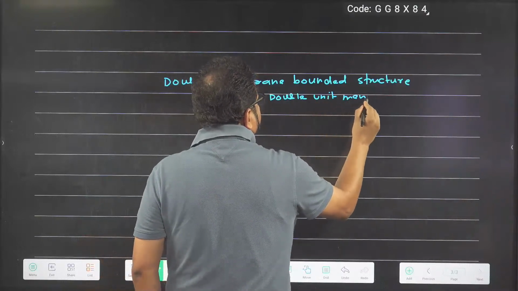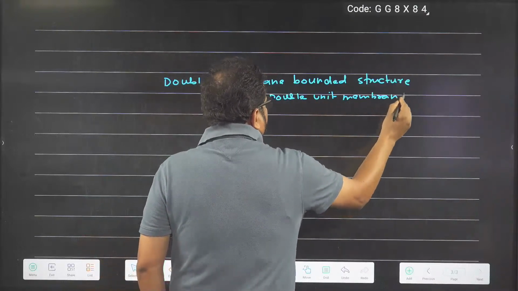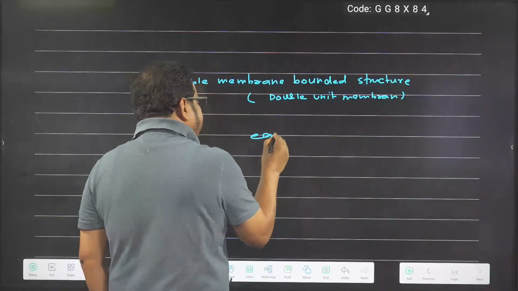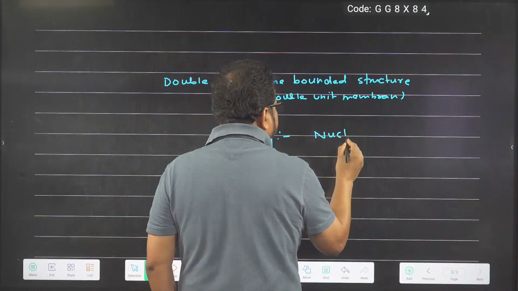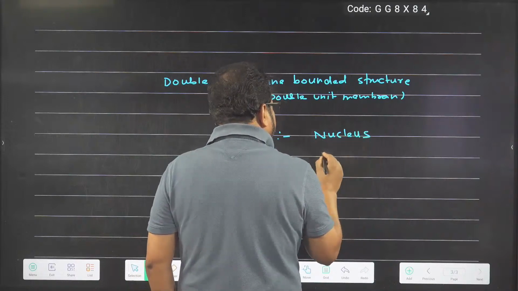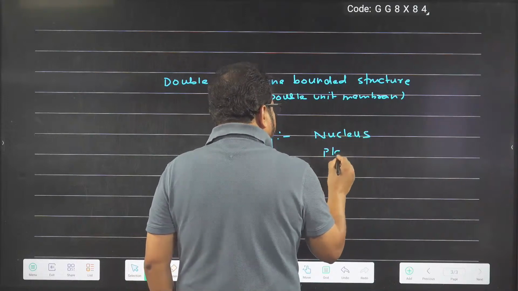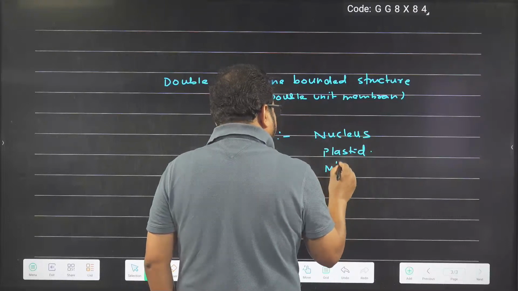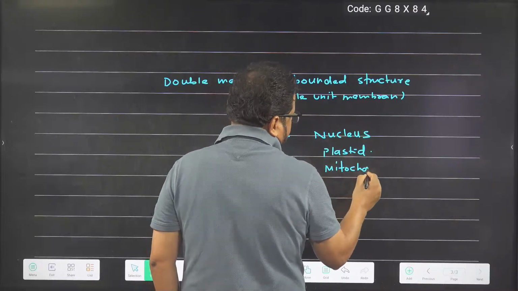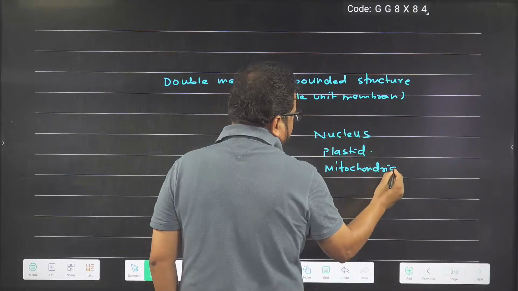You got the idea? Example I am writing. In the cell, three structures are double membrane. One structure is the nucleus. Another is the plastid. Another example is the mitochondria. These are surrounded by a double membrane.